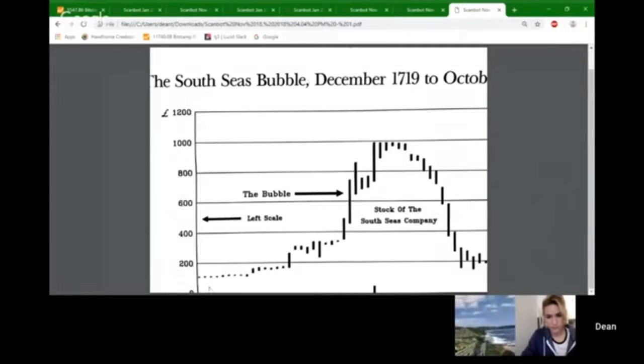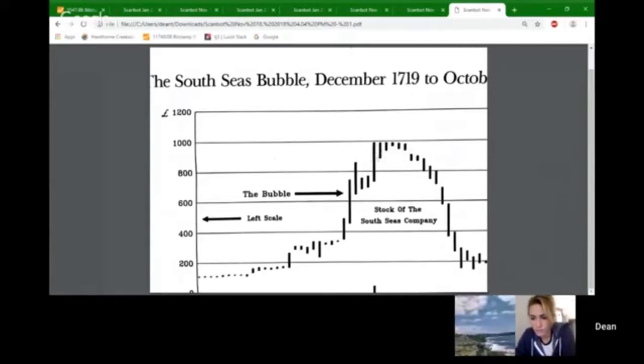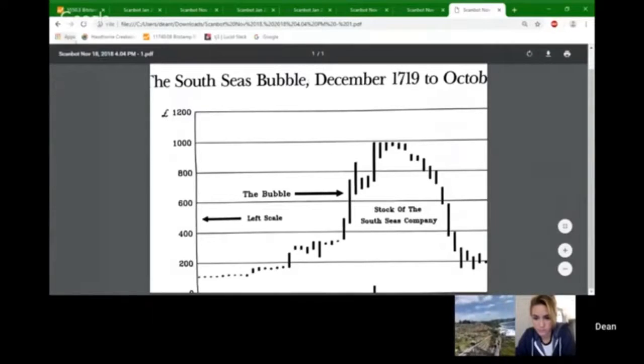But whoever put this together, I found it interesting because we have a clear phase 1, then a phase 2, then a phase 3, into a phase 4. We don't get a 5, 6, 7. We just get 6 months of sideways action right at 1,000 pounds, up from the beginning of 100. So we've got a 10x move here, and it ends up all the way back down at the beginning, just like all of the other ones we just looked at.